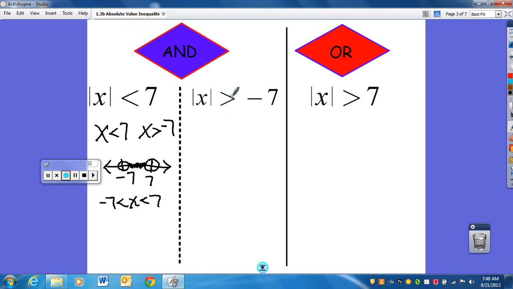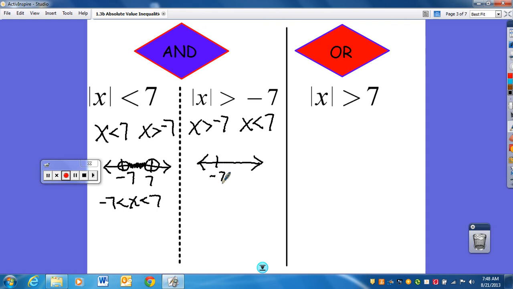Let's take a look at what happens when we have the absolute value of x greater than negative 7. So if we write out our two situations, we have x being greater than negative 7, and then we have x, where we need to flip the inequality symbol, less than a positive 7. Now if we graph that, we should see that our case is the same as what we did before.